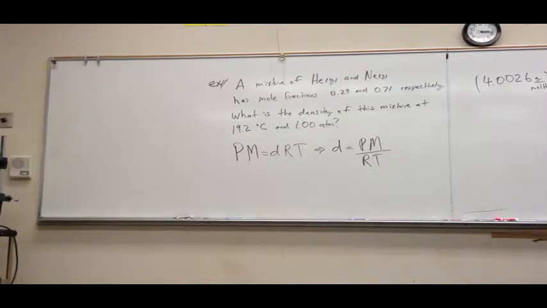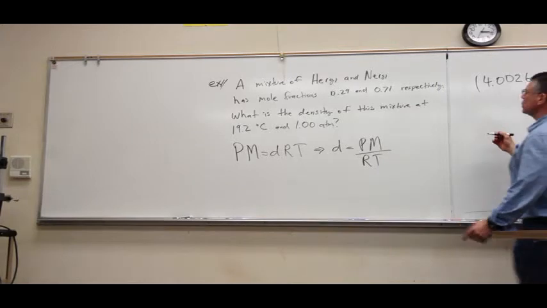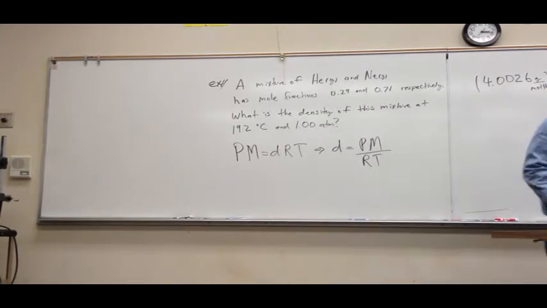See how the units work out? This is grams of helium per mole of helium, times the mole fraction, which is really moles of helium per total moles. These cancel. This tells us how many grams of helium per moles total. We're going to do the same thing for neon and add them together. Watch. Neon's 20.